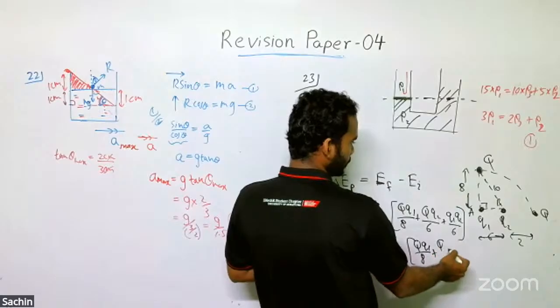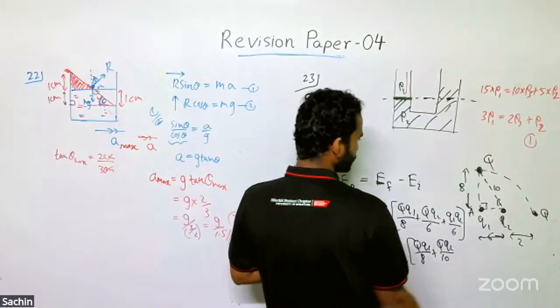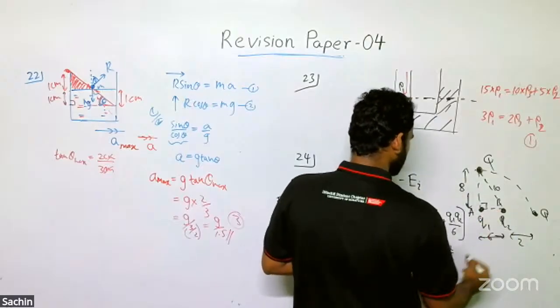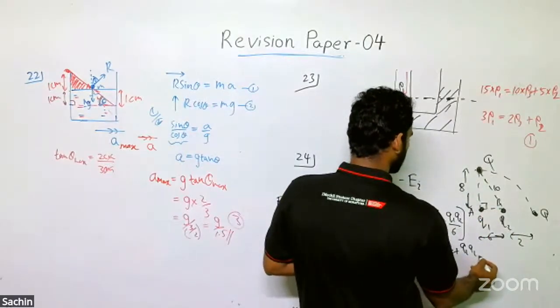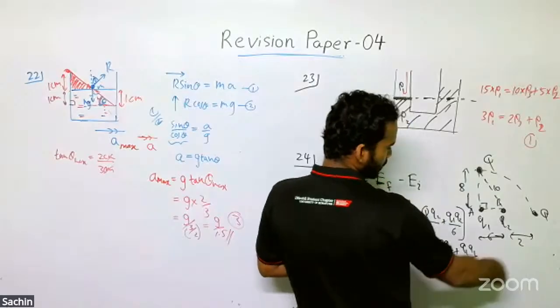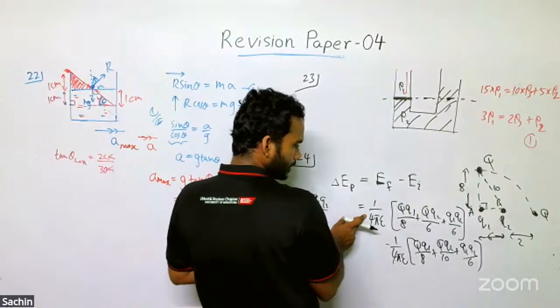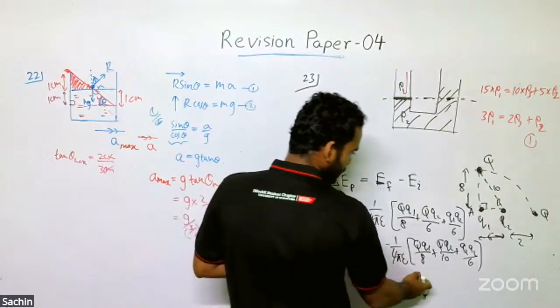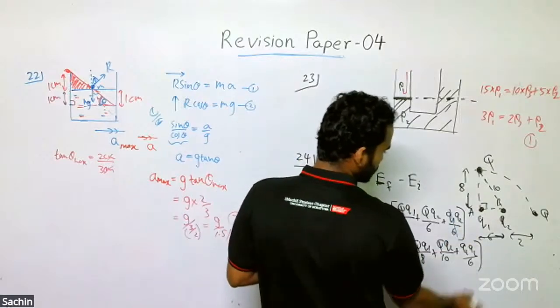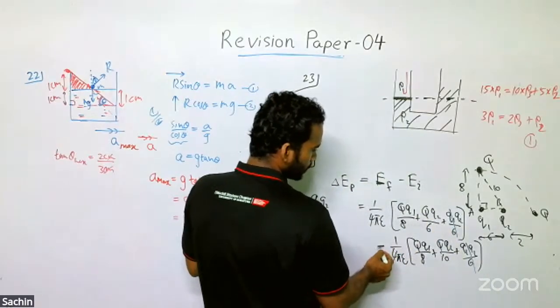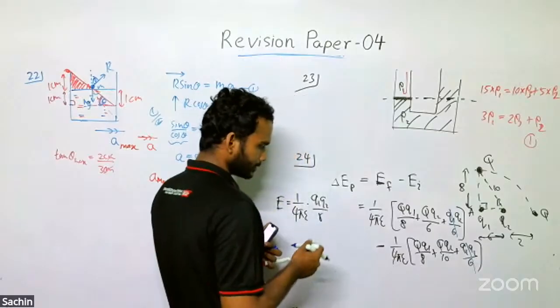So Q2 over 10. And between these two, again the same thing comes, Q1 Q2 over 6. So this is for these two charges. You see, in the final one as well as the initial one, this Q1 Q2 over 6 is there. So when you subtract, these two terms will be cancelled.